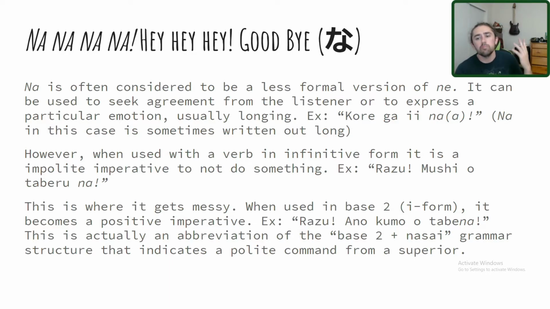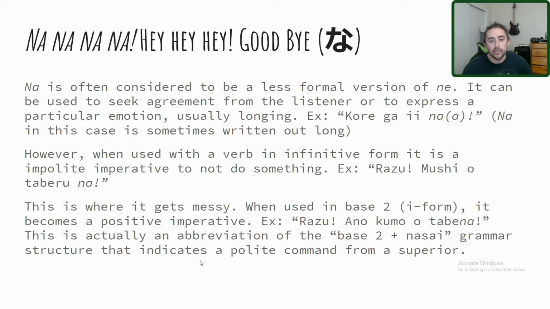But if you use it in base 2, the E form, it then becomes a positive impolite imperative. So now it's saying, yes, do something. So if I said, Razu, ano kumo tabena, then it means, Roz, eat that spider, right? Ano kumo, spider, o tabena.